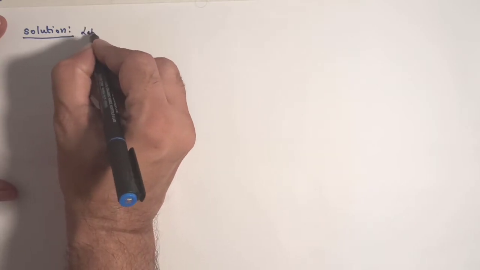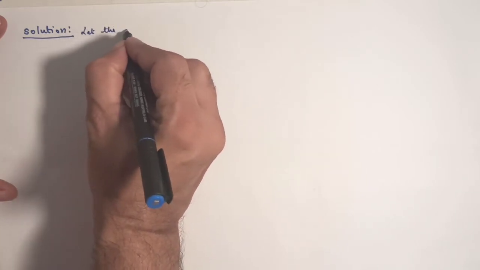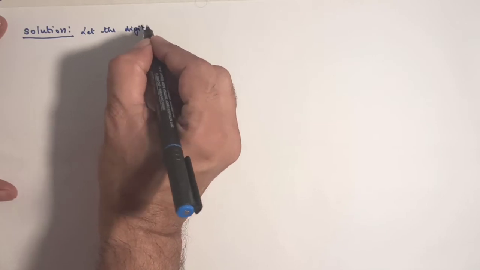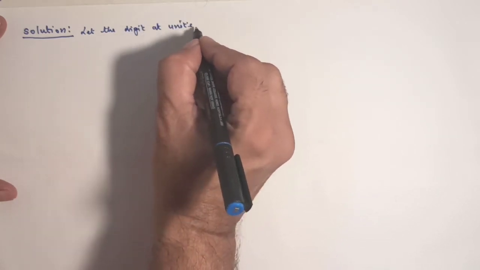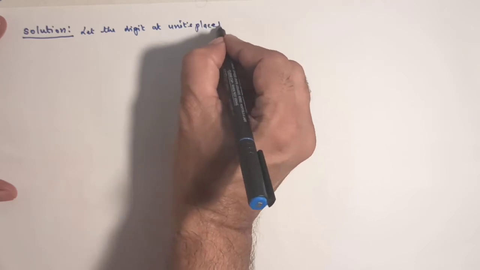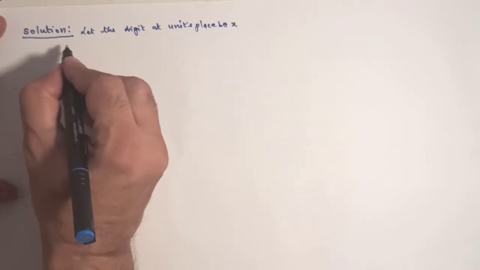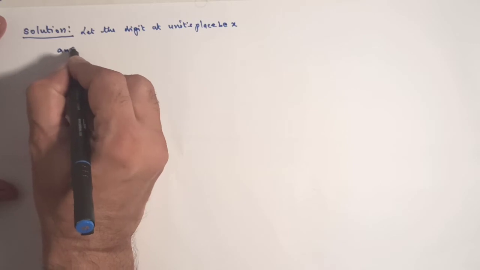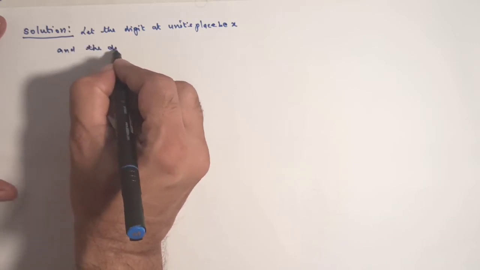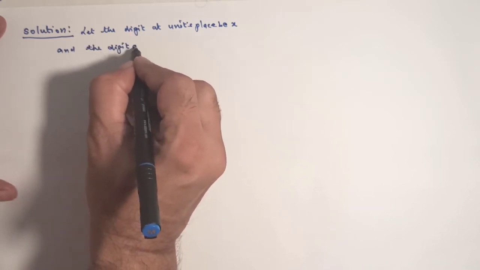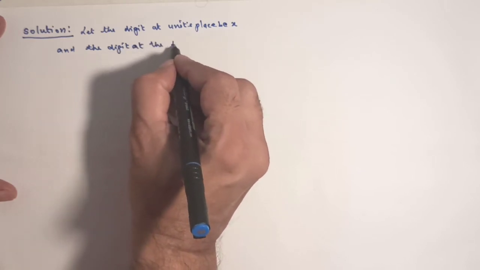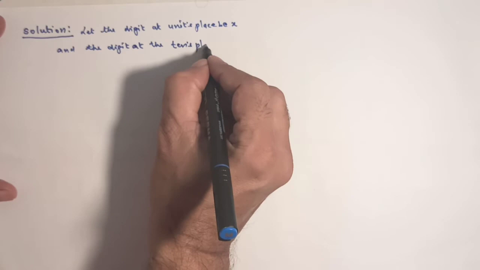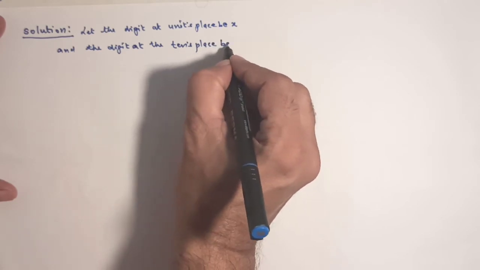So let the digit at units place be x and the digit at the tens place be y.